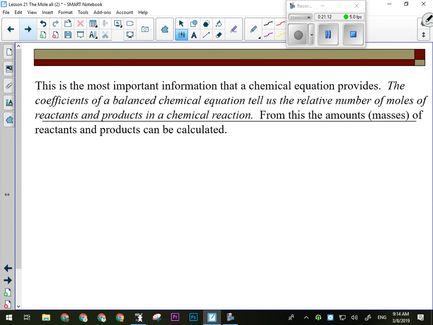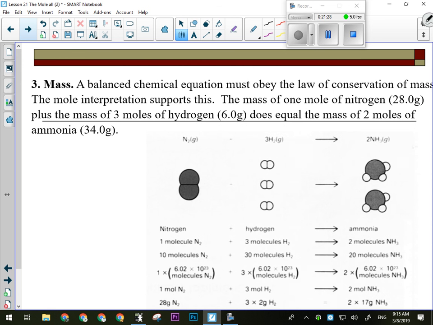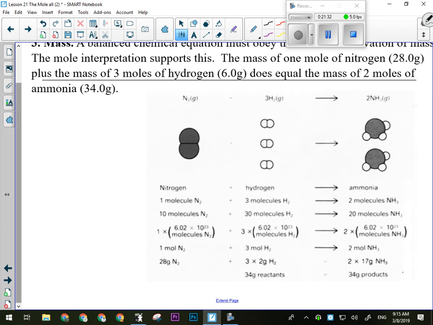So that's the most important information that a chemical reaction provides. The coefficients, those numbers we put in when we're balancing, tell us the relative number of moles of reactants and products in a chemical reaction. And from that amount, the masses of reactants and products can be calculated. That's reaction stoichiometry. It could also mean mass, and if it means mass, the ratios are not literal, not exactly like they are there.